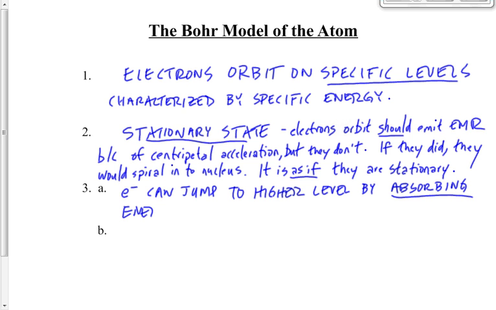Usually that energy that they absorb is in the form of electromagnetic radiation. They absorb a photon, but it doesn't have to be. They can get energy from another electron. Another electron strikes an electron and gives it some energy and can cause that electron to jump to a higher level. Usually it's in the form of EMR, though.